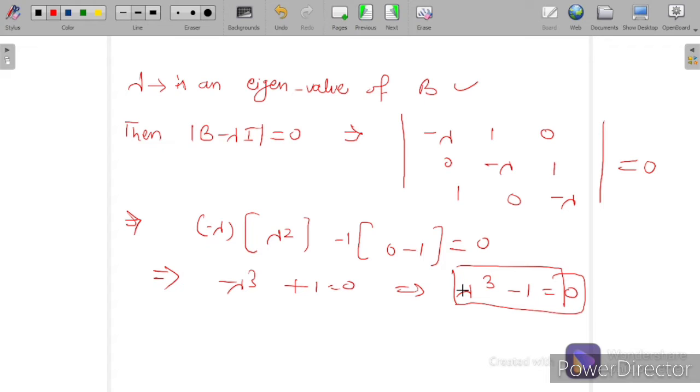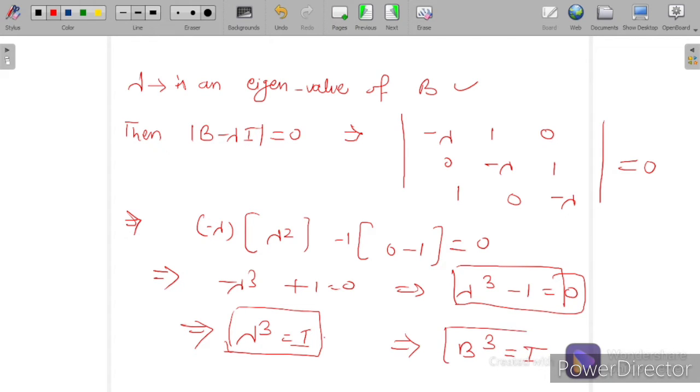This is the characteristic polynomial of matrix B. This implies that lambda cube equal to 1. Okay, the matrix B will satisfy its characteristic polynomial. That means B cube will be equal to identity matrix.